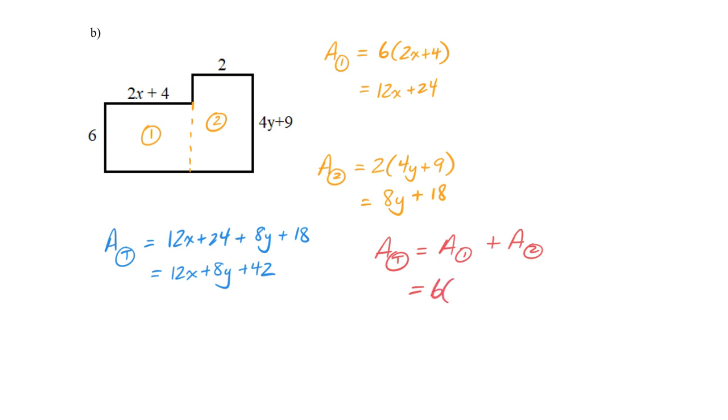That is, it is 6 times (2x plus 4) plus 2 times (4y plus 9). And you'll notice what you created was an expression that looks an awful lot like problem 5. You would have then expanded your brackets, collected like terms, and eventually got down to the same solution as the blue. Two different ways to get there.